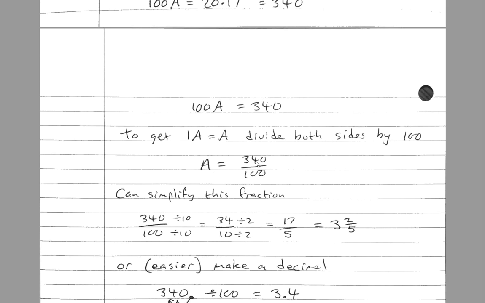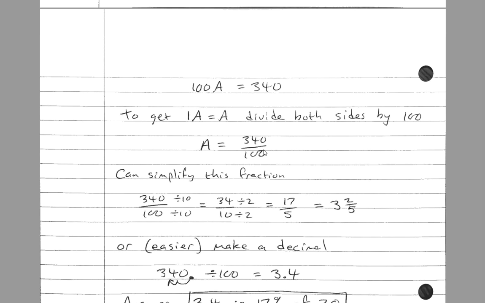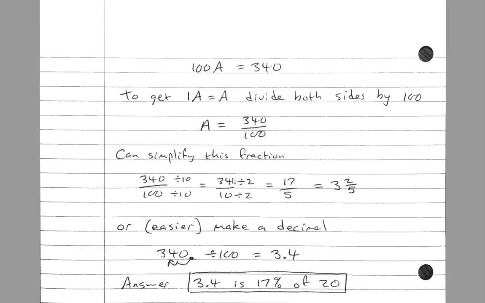So a is 340 divided by 100. So not a whole number. If you want a fraction, you could simplify this fraction. Cancel 10s, that's 34 over 10. Cancel 2s, we're getting 17 over 5.